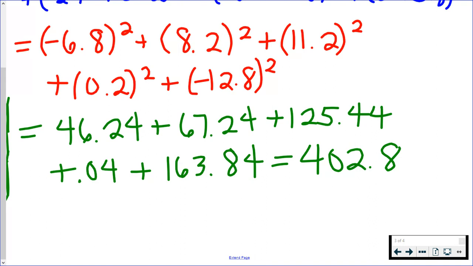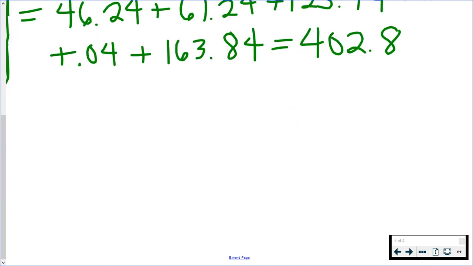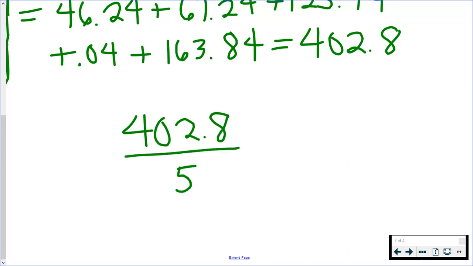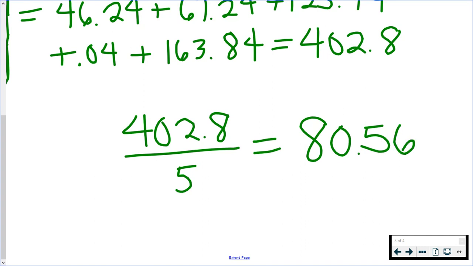So I'm going to take the 402.8 and divide by 5 because there were 5 numbers to begin with. This gives us 80.56. This is known as your variance.